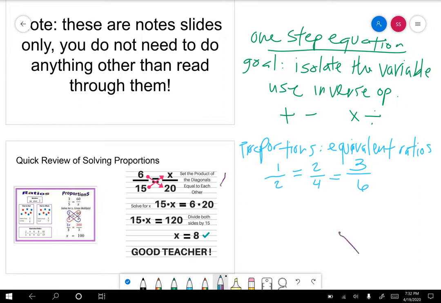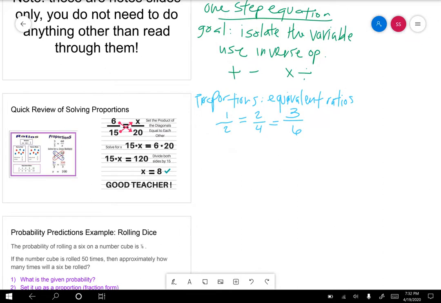Okay, so let's go over an example really quick on solving the one-step equation. I'm going to use the awesome rainbow marker. Okay, so let's say that we have the ratio 6:15, and let's say that we know it's equal to some number over 50.